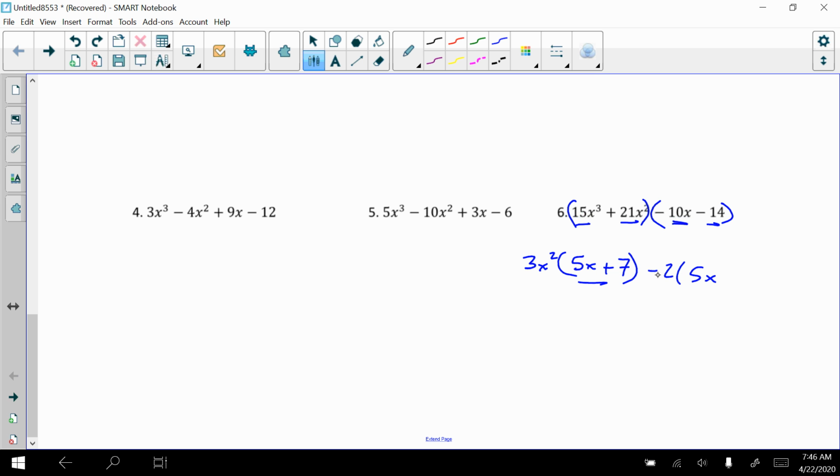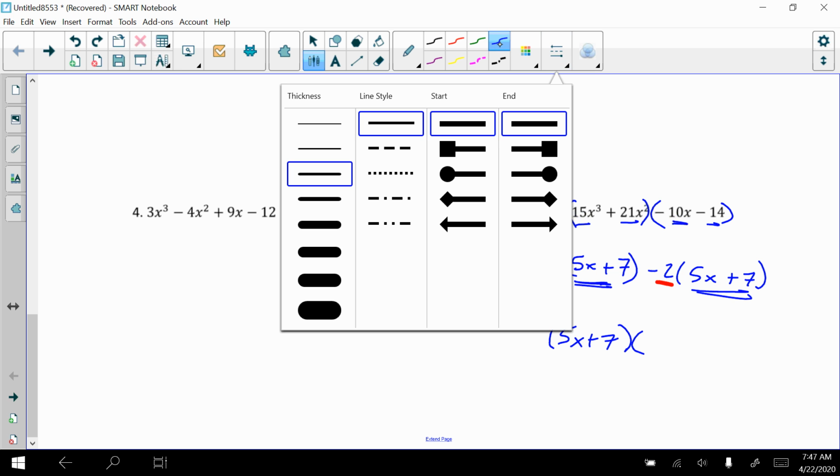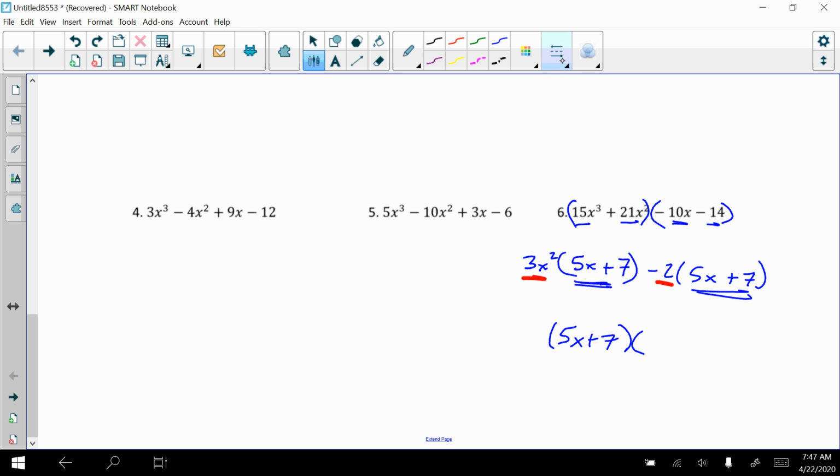Negative 14 divided by -2 is plus 7. And look, they are in fact the same, which is exactly what I want, because now I can just write my final answer. It's going to be the repeated factor 5x plus 7 times the two GCFs that I pulled out, put together. So 3x squared minus 2.